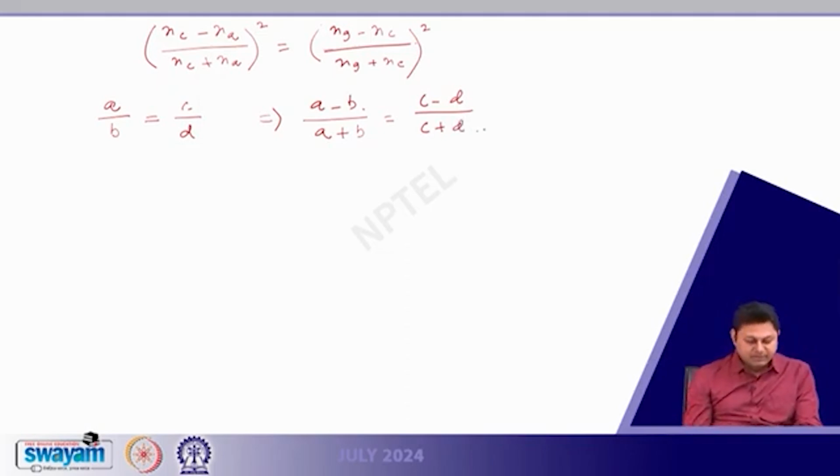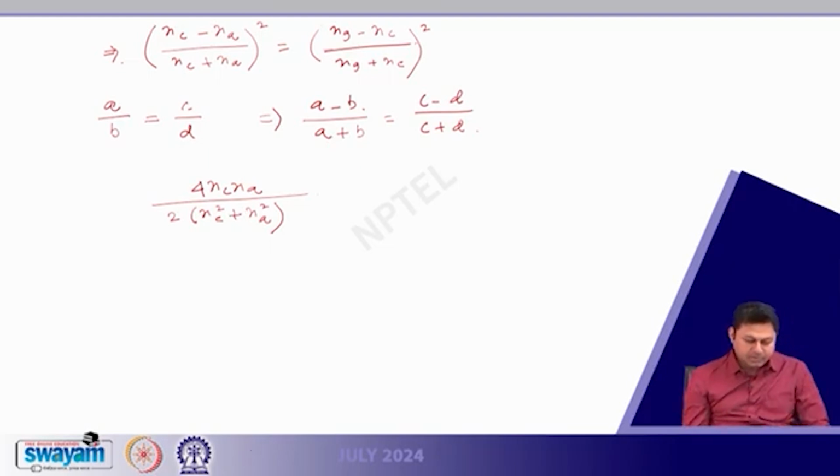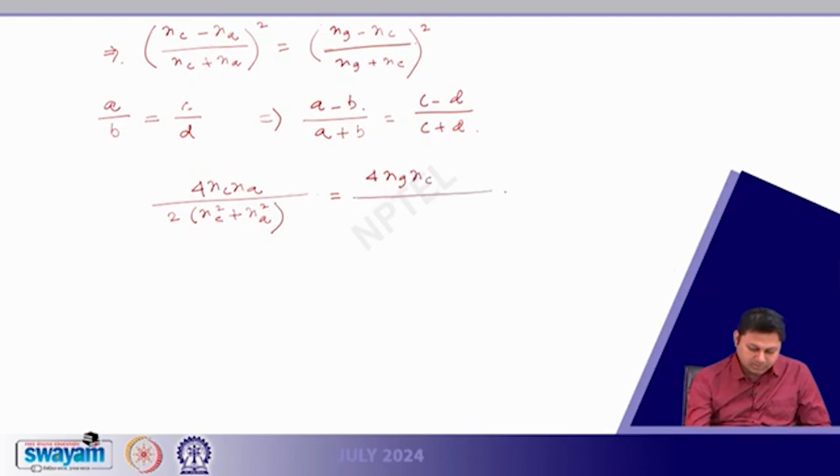Exploiting this expression, we can find an equation from this, which is 4 NC NA divided by 2 (NC square plus NA square), and then equal to 4 NG NC divided by 2 (NG square plus NC square), just using this identity.